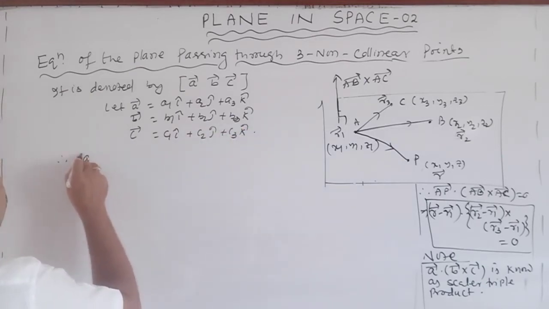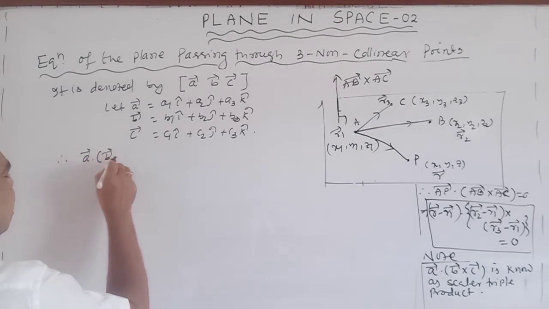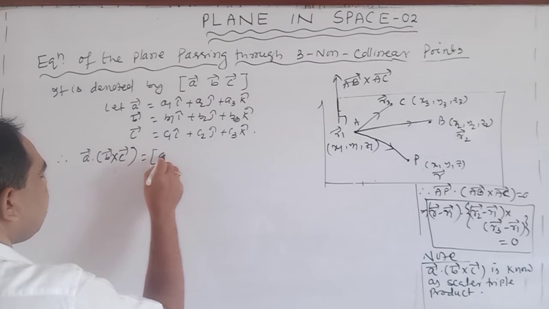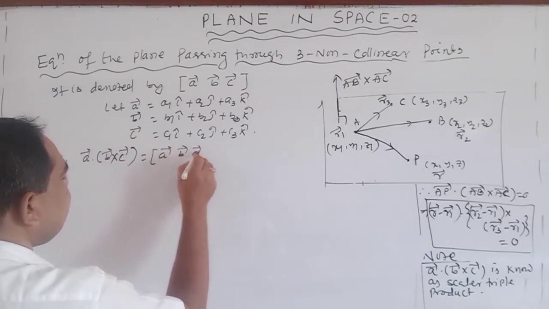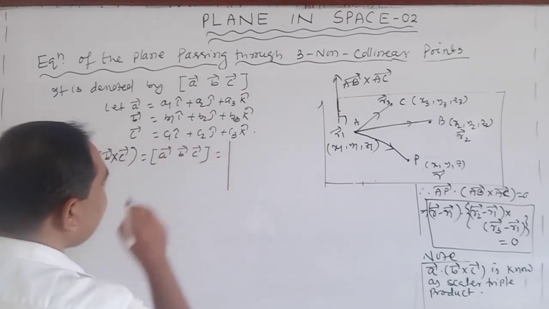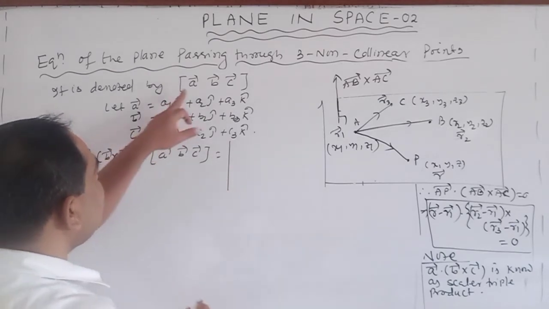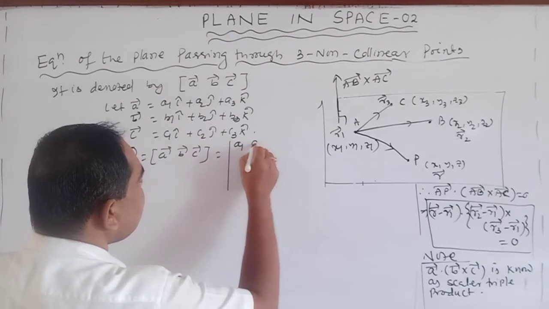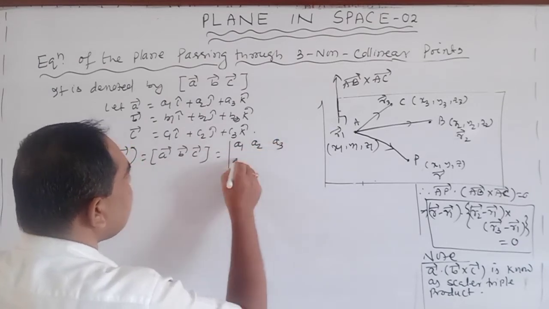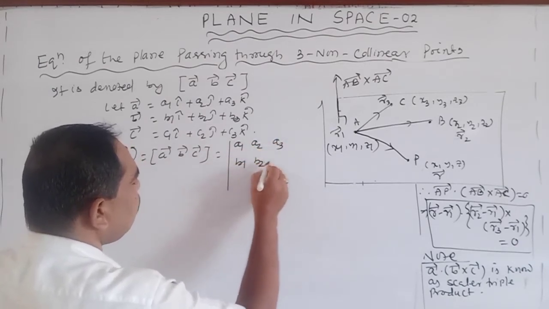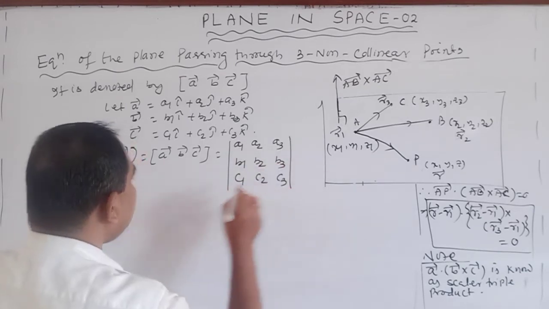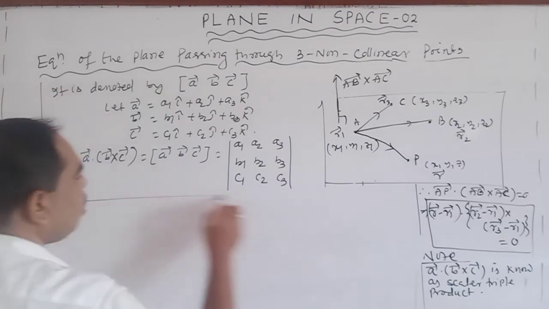Therefore square bracket a dot b cross c is equal to square bracket abc, which is the determinant form. First a vector given, so i j k coefficients, this is a1 a2 a3. Next b vector b1 b2 b3, c1 c2 c3 in the determinant.